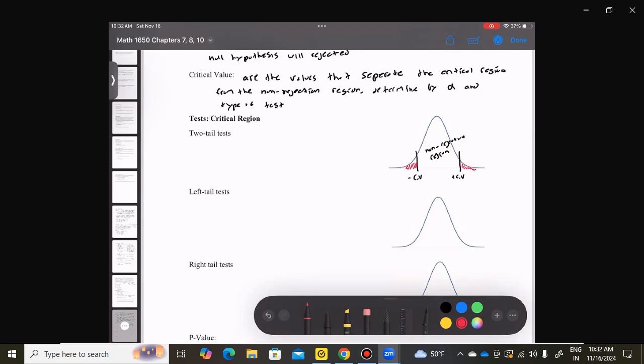And so what this means is that if we get our test statistic in the upper rejection region, our sample value is too high to still be equal to whatever the claim value is. It's just too high. And if it falls in this lower rejection region, then the sample value is too low.